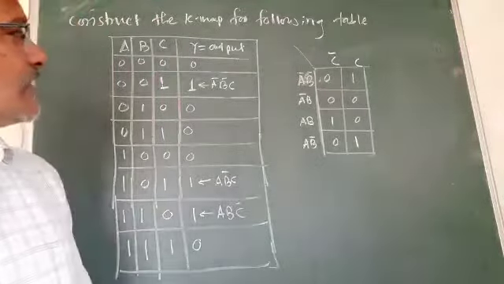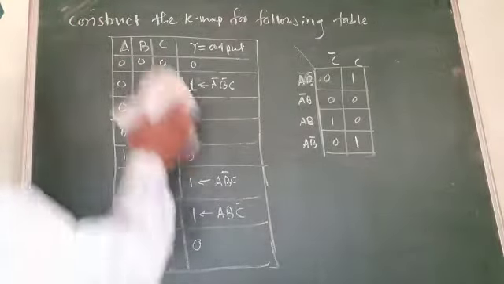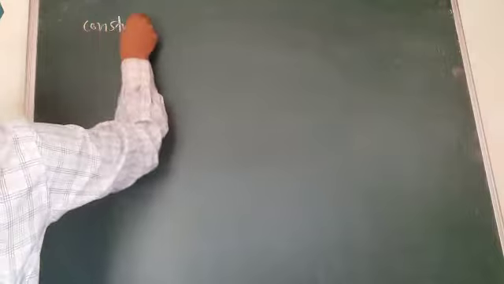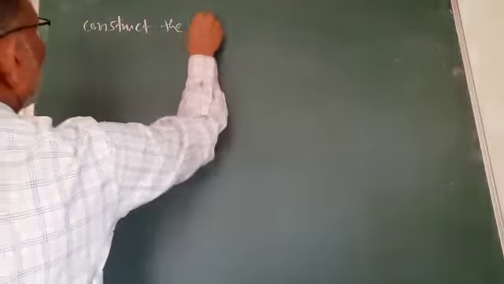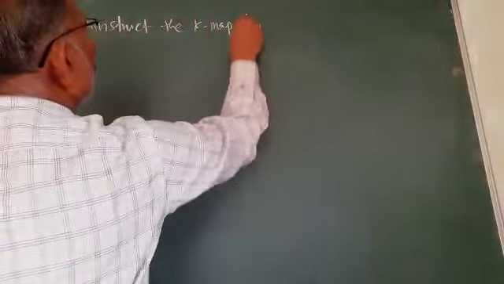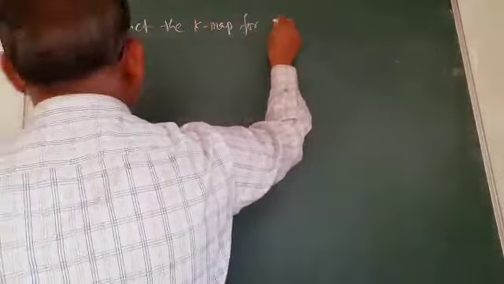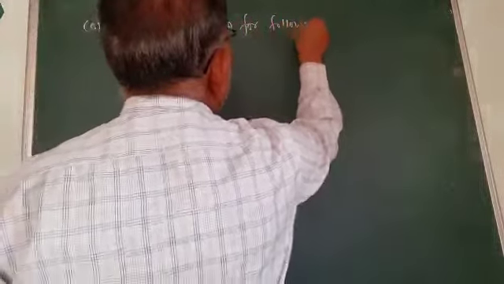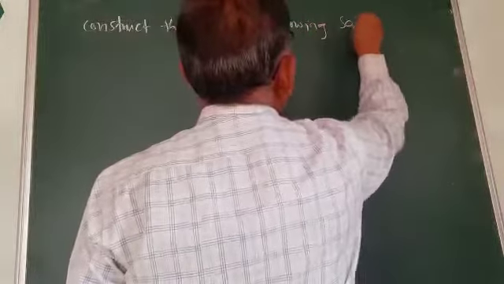So another example is there. In this example we have been given the SOP equation, and from that SOP equation we have to find the K-map. Therefore we construct the K-map for the following SOP equation.